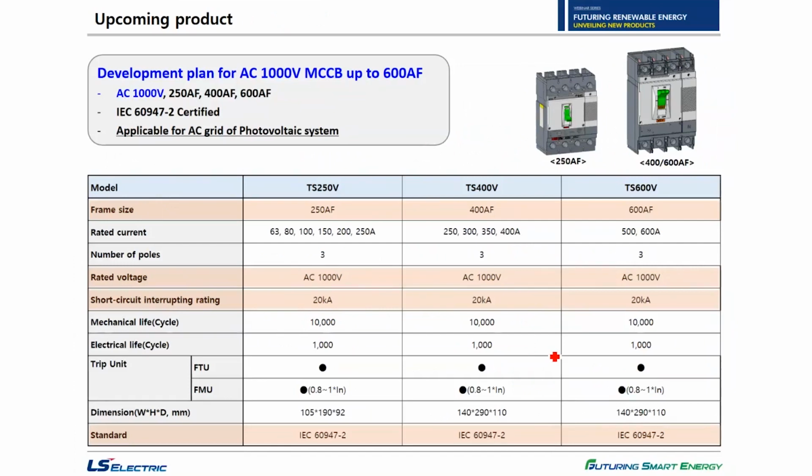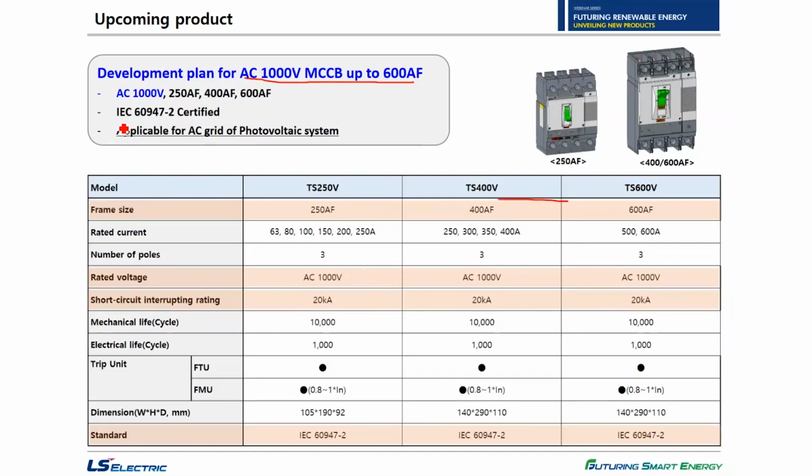Last but not least, I would like to briefly share our development plan for upcoming products. It is an AC 1000 volts MCCB up to 600 ampere frame, which is an exact solution for photovoltaic and ESS applications in terms of high output voltage.